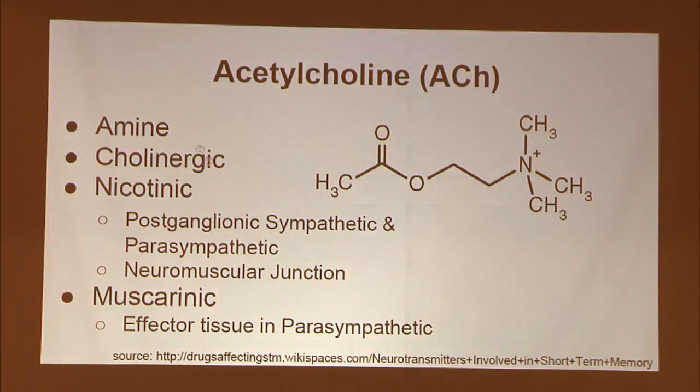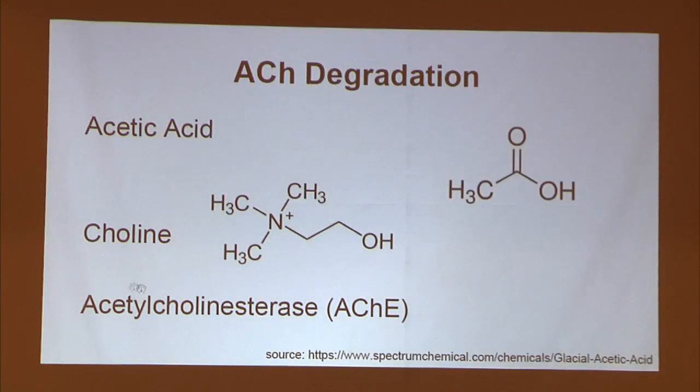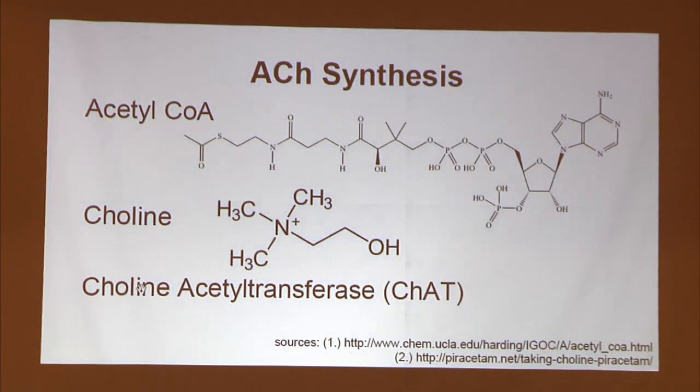So these are amines, so it's made in the axon terminal by combining acetyl-CoA and choline with this enzyme, choline acetyltransferase. This enzyme is a protein. All enzymes are usually proteins, and that was made in the soma and traveled down the axon to the terminal. So that's how you create it.